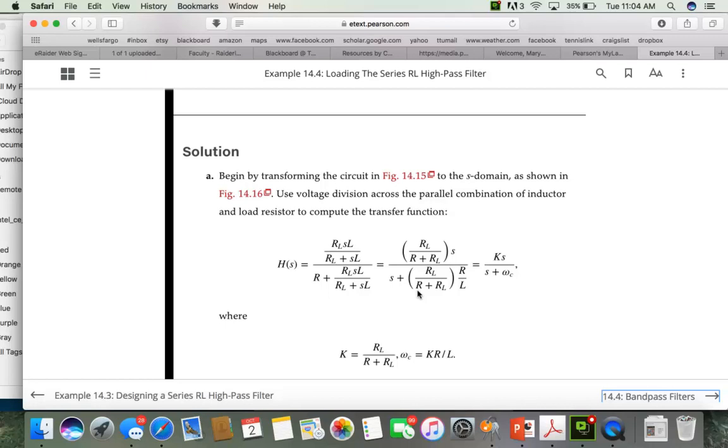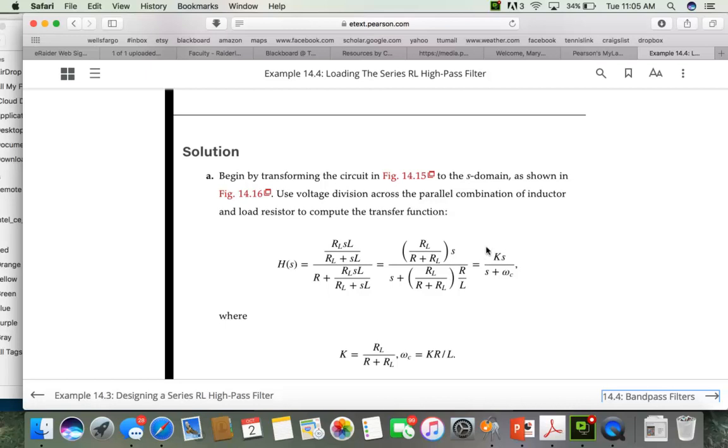Now, you may kind of think about this. What would happen if we didn't have the load resistor? If we didn't have the load resistor, this value RL goes to infinity because it's an open circuit. So this term, RL over R plus RL, would approximately be equal to 1, in which case our omega C, our cutoff, would just be R over L for the actual filter elements, and our numerator would just be S. But because we have that load resistor on there, we now have two things that have happened.